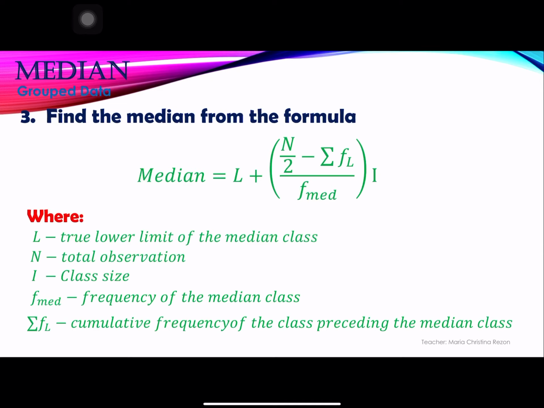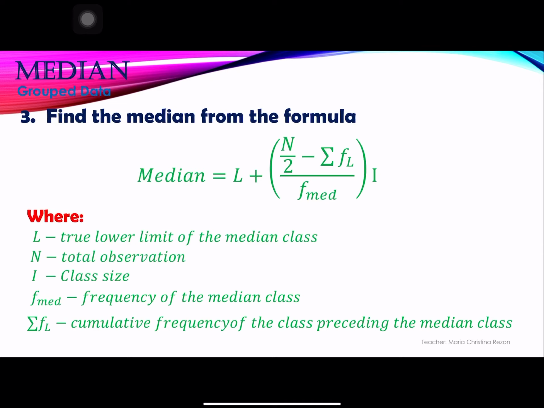L stands for the true lower limit of your median class. N is the total number of observations. I is the class size. And F sub med is equal to the frequency of the median class. I will show you where it is located later on in our example.